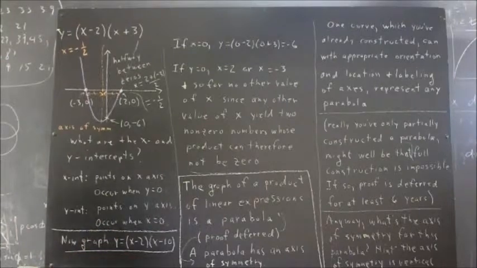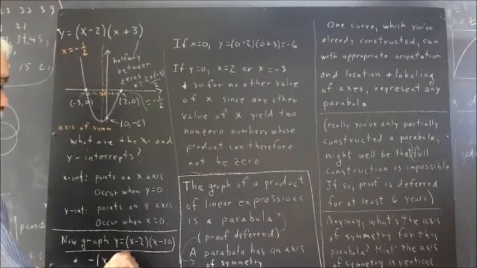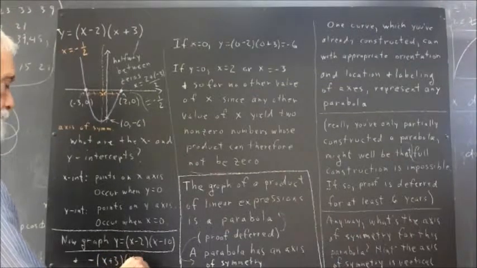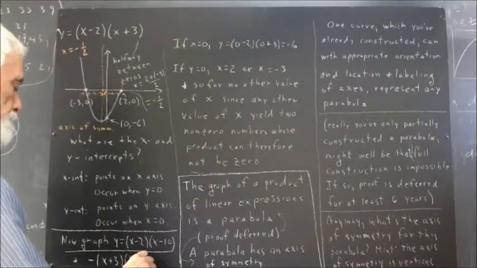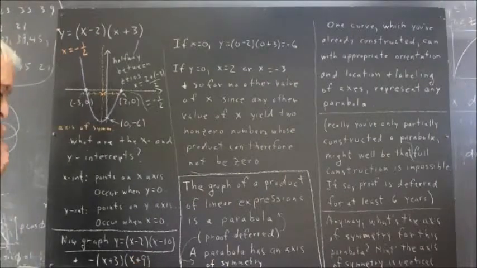Very similar. Location's going to be different. Some things are going to be different, but it's going to be very similar. And then I'm also going to say, how about the graph of negative x plus 3 times x plus 9?